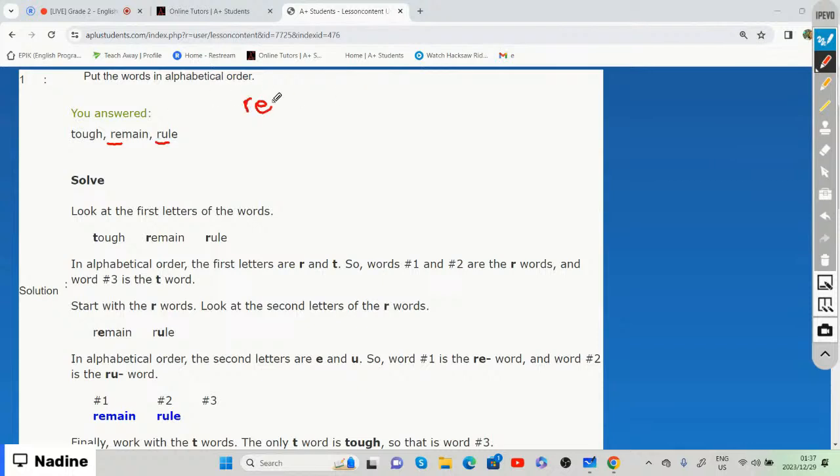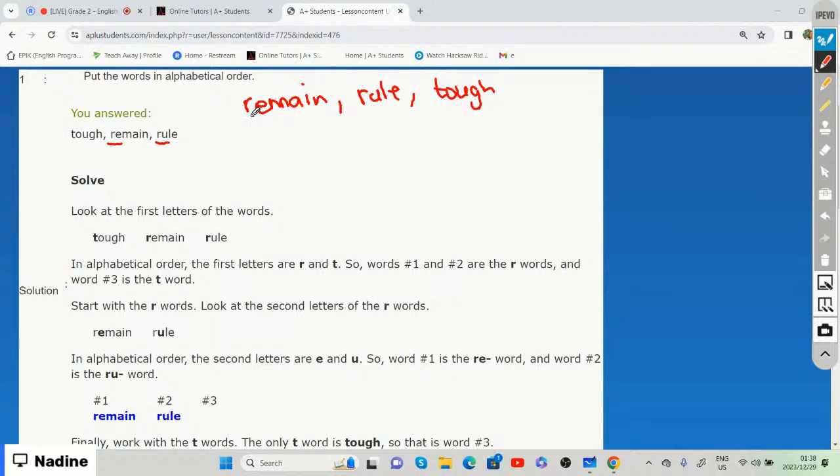So remain, then rule, and then we have tough. So remain, rule, and tough.